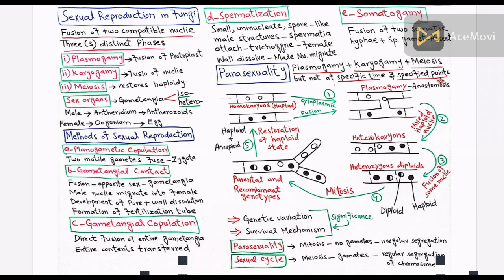Normally, the parasexual cycle occurs in those fungi which lack a true sexual cycle, like deuteromycetes. So let's start.